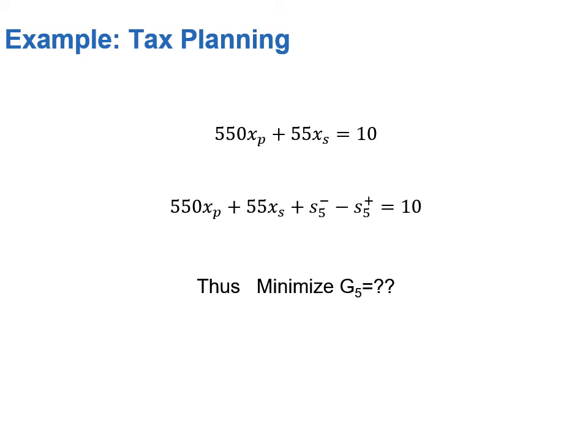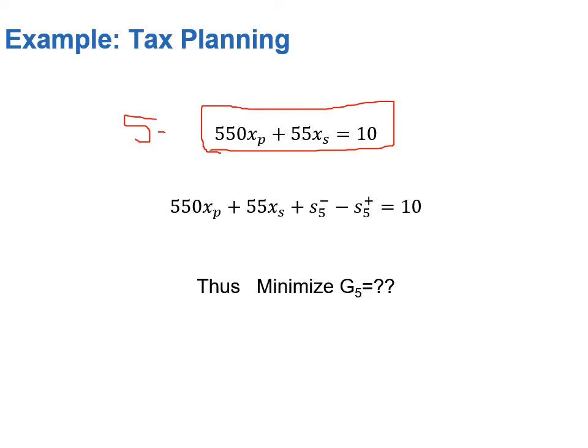In this example, we didn't have an equality type constraint. So in order to demonstrate how we proceed with these kind of constraints, I wanted to include one more constraint to the problem. Let's assume that we have such a constraint as well as the 5th constraint. Okay, this is the 5th constraint. So 550xp plus 55xs should be equal to 10.